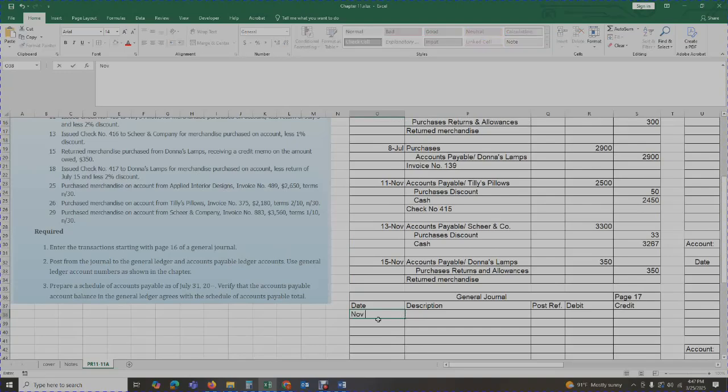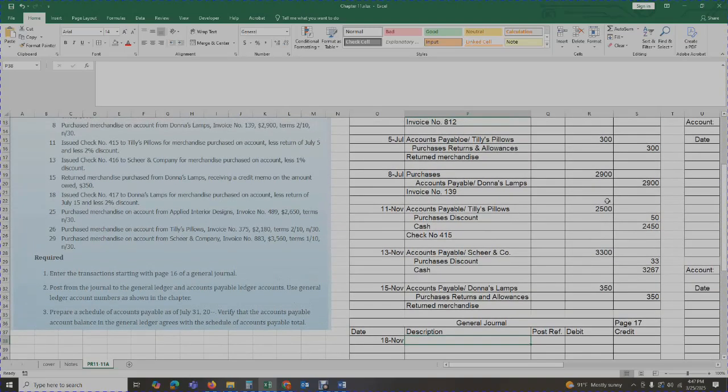November 18th, we issued check number 417 to Donna's Lamps for the merchandise purchase on account less the return less a 2% discount. So we are paying the balance that we owe to Donna's Lamps. So let's look at Donna's Lamps. We've got an entry there and an entry here for Donna's Lamps.